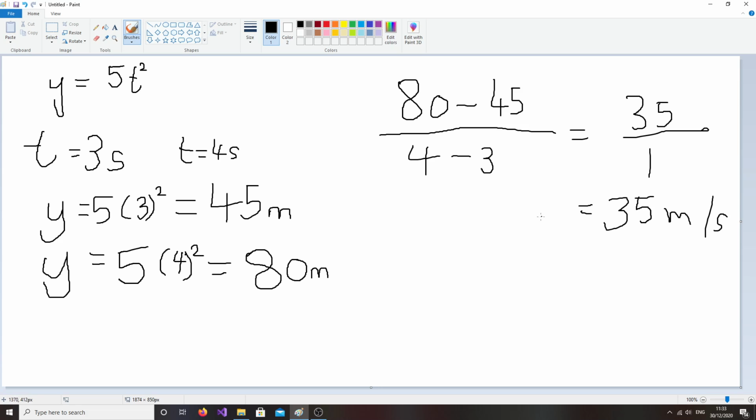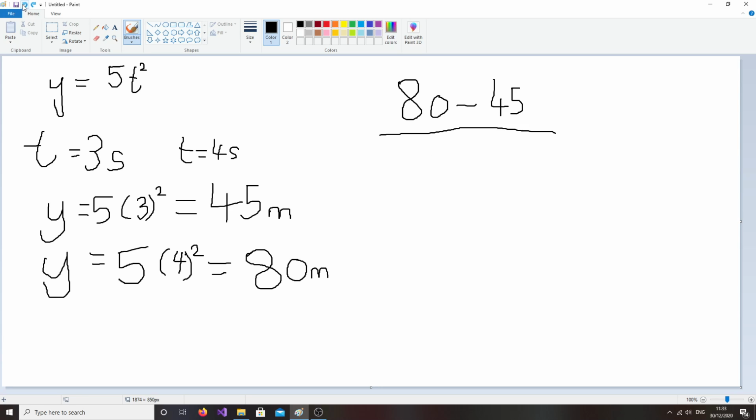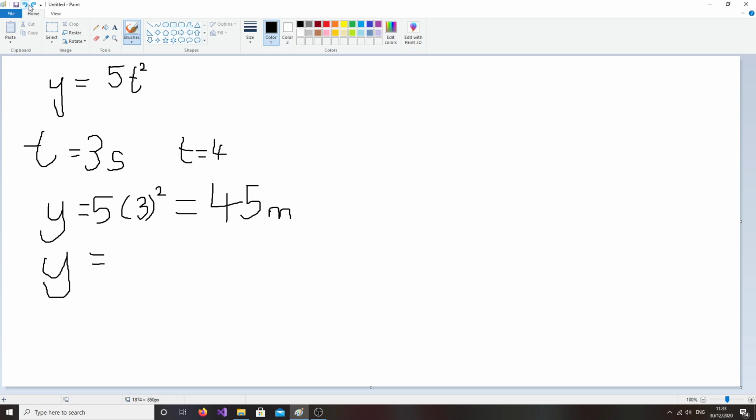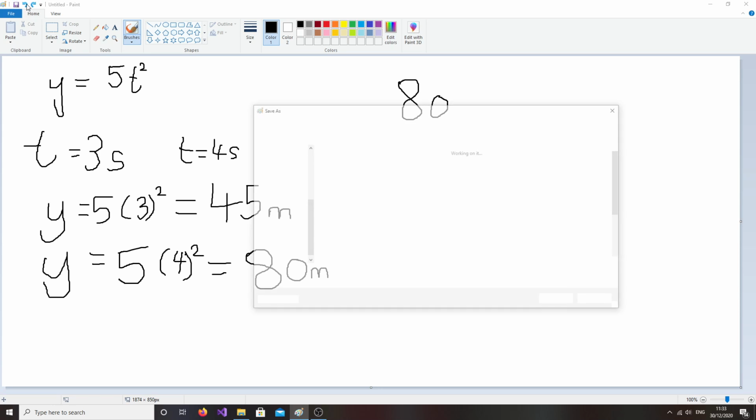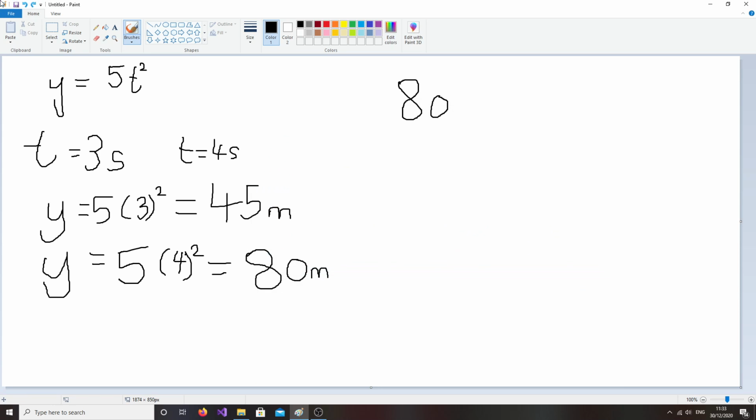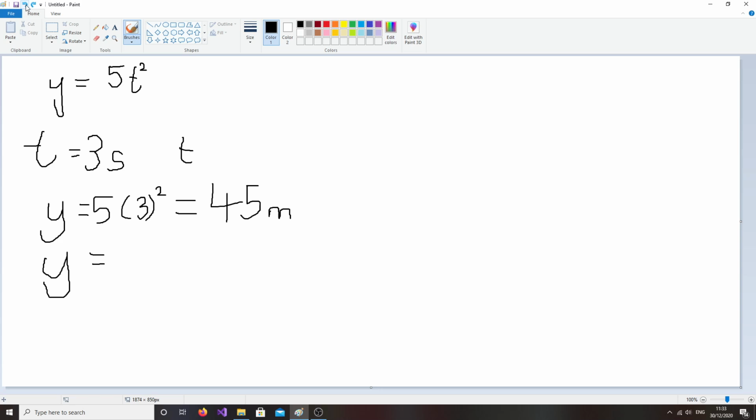So that's good. But what if we want a more accurate measurement? What if now I want t equals 3.1 seconds?